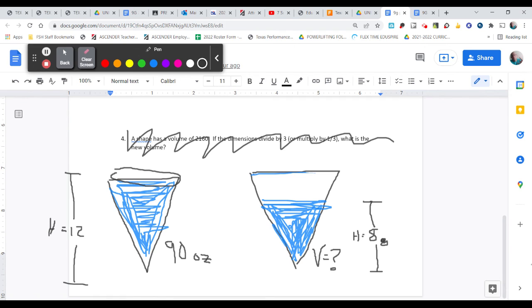Let not your heart be troubled. First of all, we need to find out what the dimensions do. The height was 12, now the height is 8. They multiply by 2/3, right? So the dimensions multiply by 2/3.